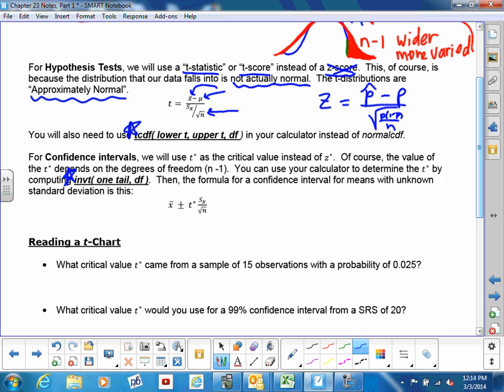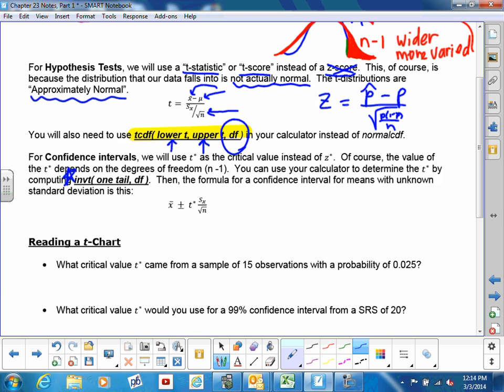So in our calculator, we will also use T-CDF instead of norm CDF. And look at what's happening. In the parentheses, you'll have the lower t. We used to calculate from a z to a z. Now we calculate from a t-score to a t-score. But here's what's different: you have an extra thing that has to be in the parentheses.